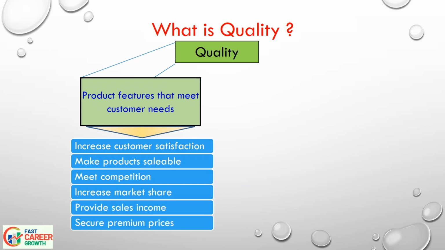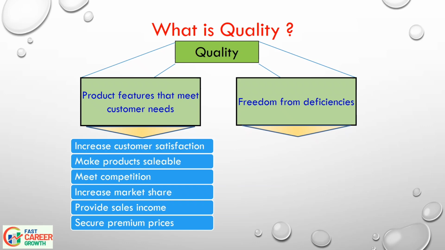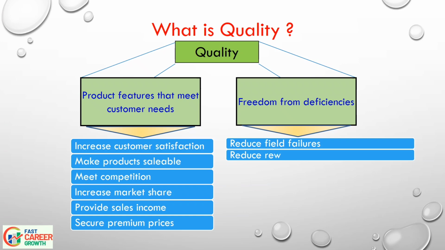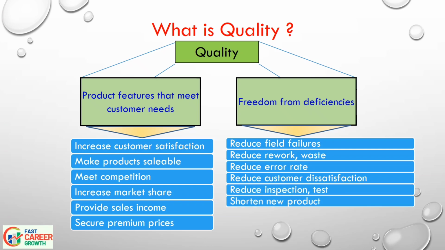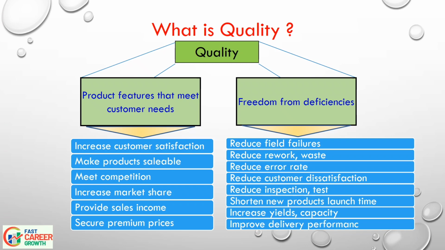Freedom from deficiencies helps to reduce field failures, rework, waste, error rate, and customer dissatisfaction, reduce inspection and test, shorten new product launch time, increase yields and capacity, and improve delivery performance.